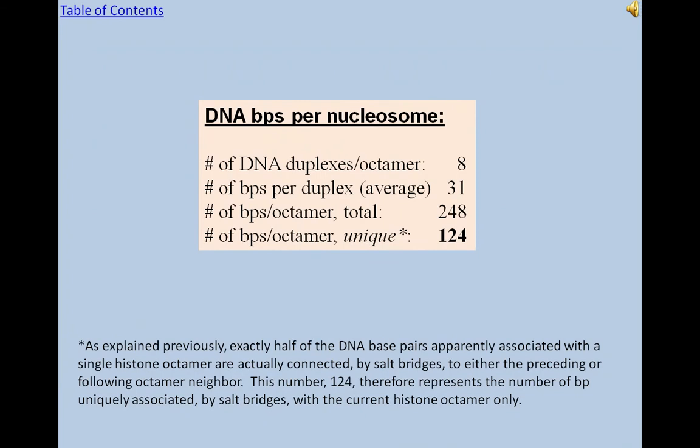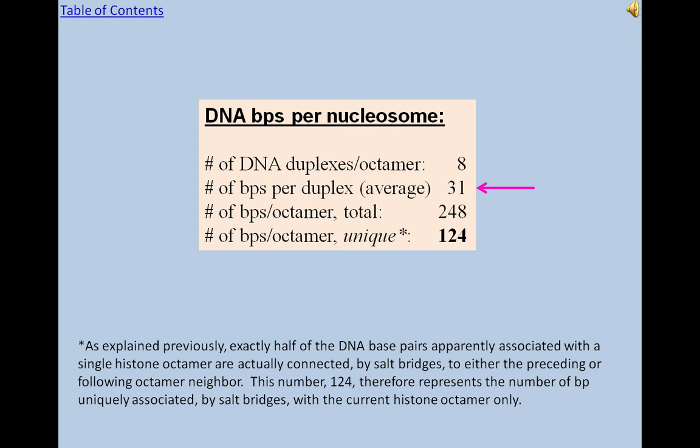Here's the numerology again. In our new histone DNA structure, there are 4 tetraplexes, that is 8 intercalated duplexes of DNA associated with each octamer core, distributed as 2 duplexes in each of the octamer's 4 corners. Each of those 8 duplexes has an average of 31 base pairs of DNA.